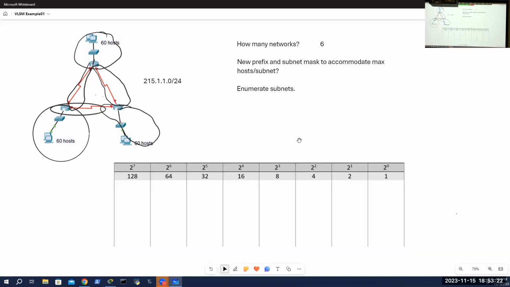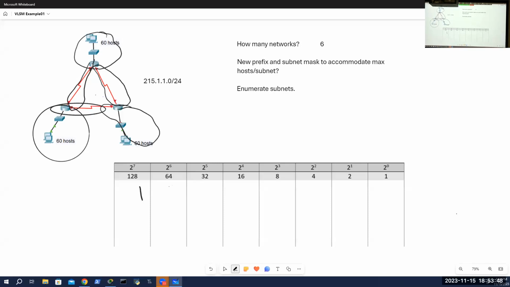Right off the bat, hopefully you may have looked at this and said, well, there's 3 networks of 60 hosts each. If I subnet this to accommodate 60 hosts, that means I need 6 host bits, which gives me 62 host addresses.